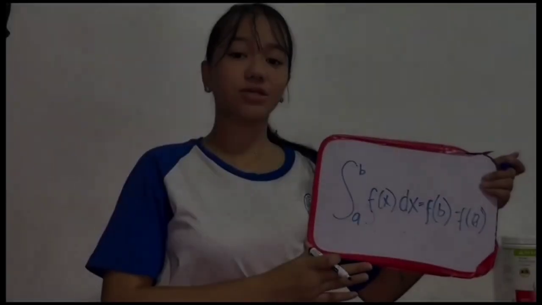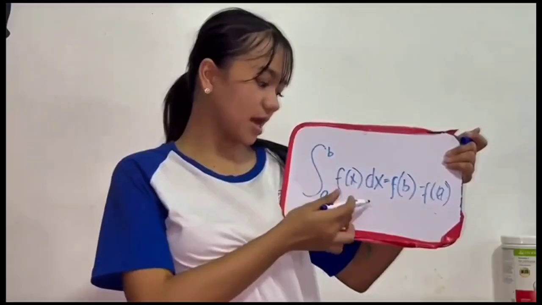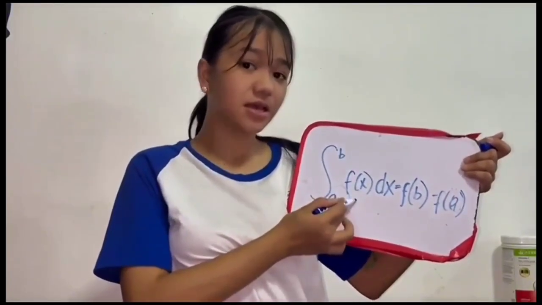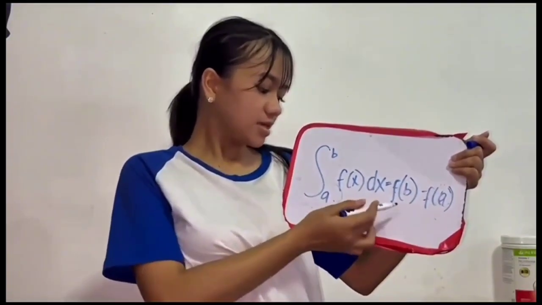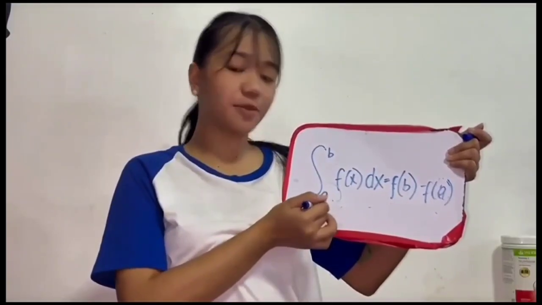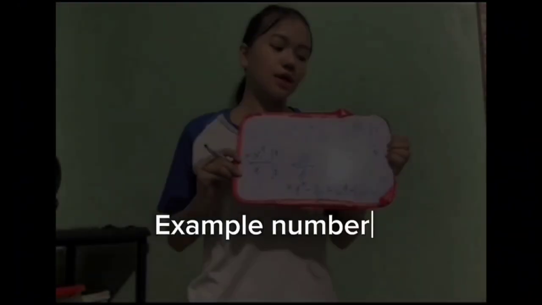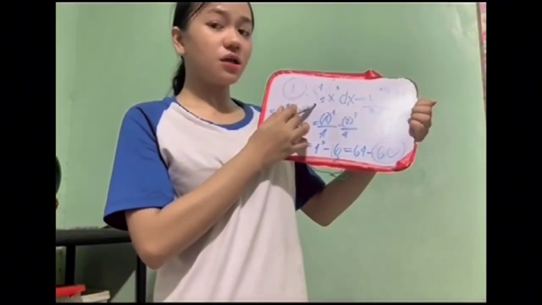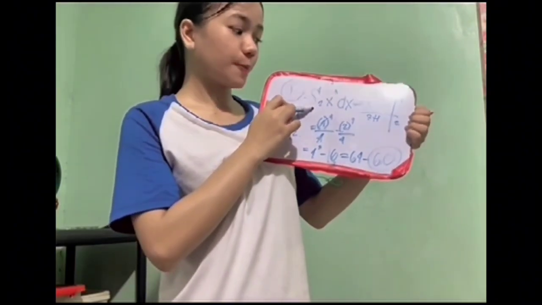This is read as the integral of f of x dx evaluated from a to b, wherein f of x represents the integral, while f of b represents the upper limit, and f of a represents the lower limit. Let's have the first example. We have the integral of x cubed dx evaluated from 2 to 4.